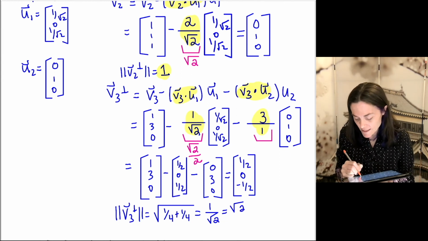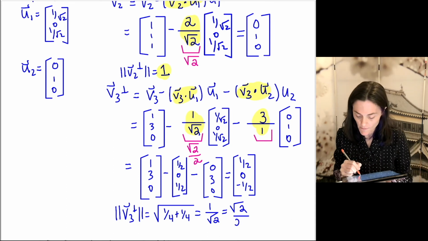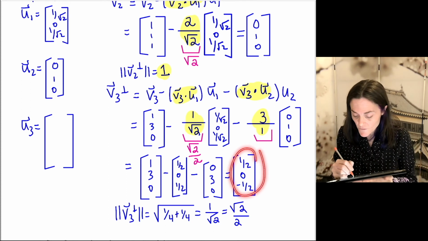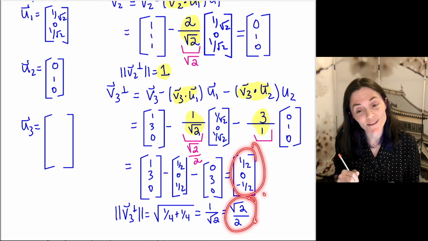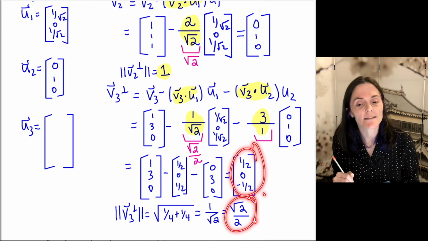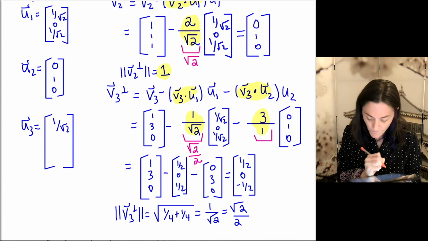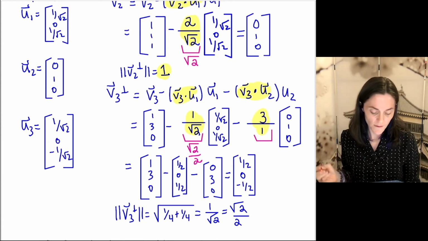It's okay to leave square roots in the denominator, but I'll leave it like this. So my final unit vector, I take this vector and I divide every entry by square root 2 over 2. I will get 1 over square root 2, 0, and negative 1 over the square root of 2.